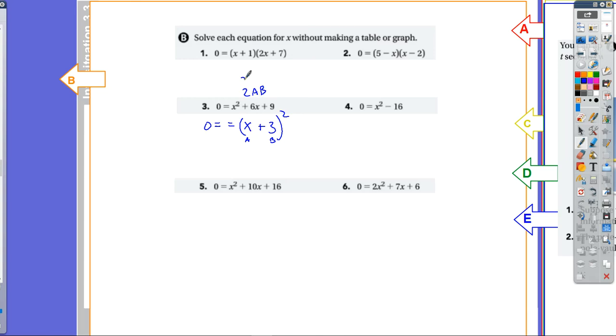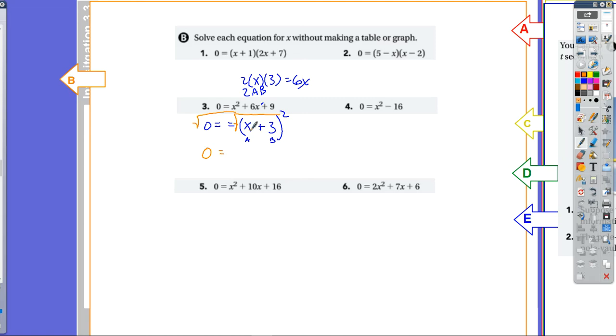Okay, 2 times x times 3 is equal to 6x. Oh, we have a winner. So we have our expression factored. Excellent. Well, what's the opposite of squaring? Square rooting. Yes, that's right, square rooting. So we will square root both sides. The square root of 0 is 0 because 0 times itself is 0.